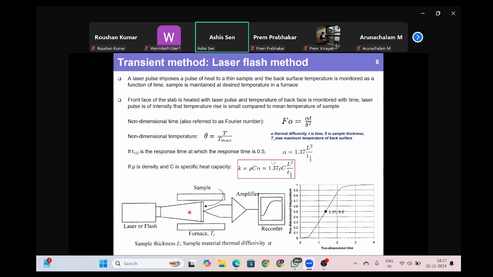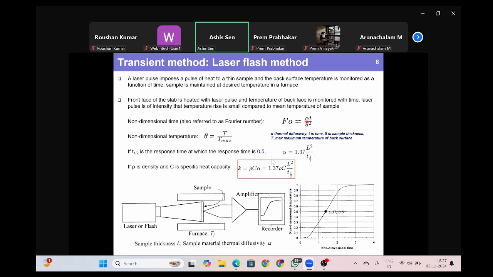It is going to take some time. And the time it takes to reach the maximum temperature is dictated by what is called the non-dimensional time, which is represented by the Fourier number. This Fourier number is expressed as alpha t over delta squared.